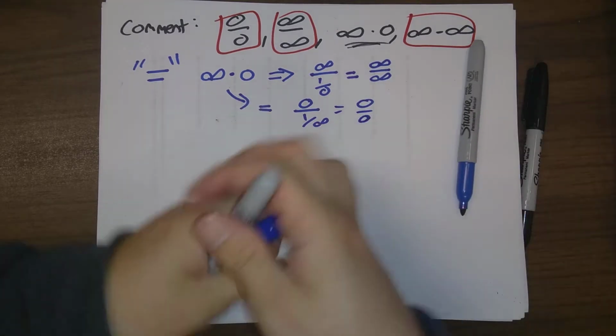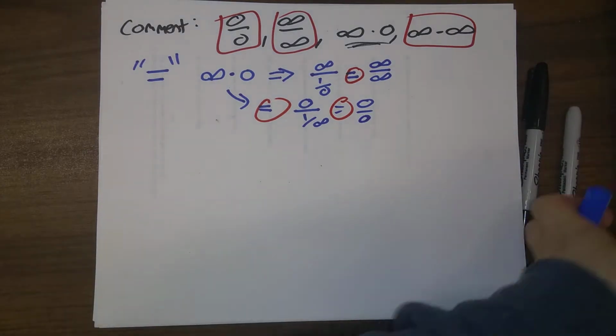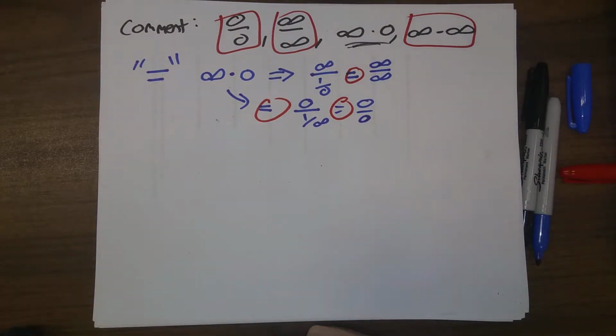So all of those equals need to be taken with huge grains of salt. That's not equals in a true equal sense, but just means that they could be rewritten in a similar form.